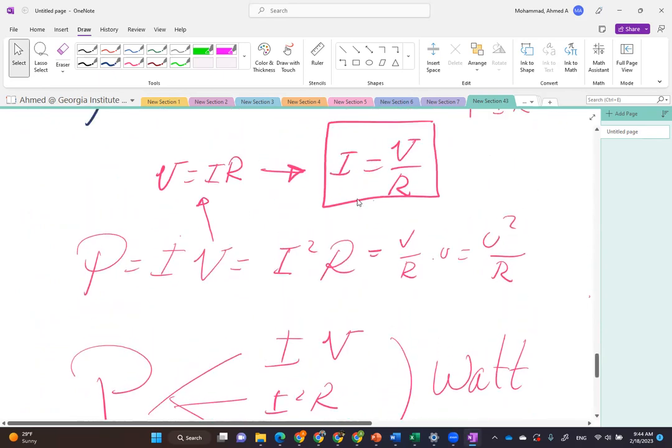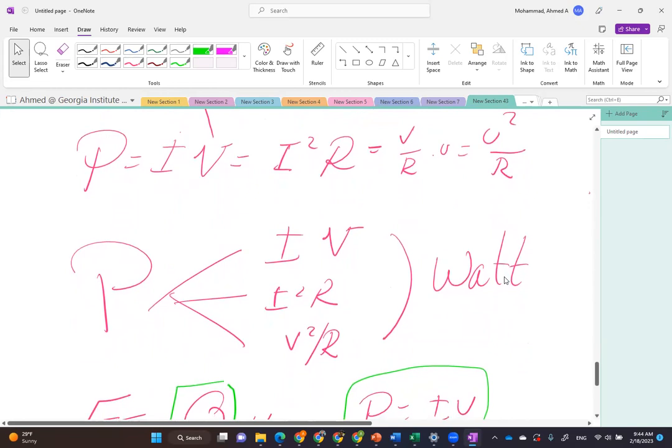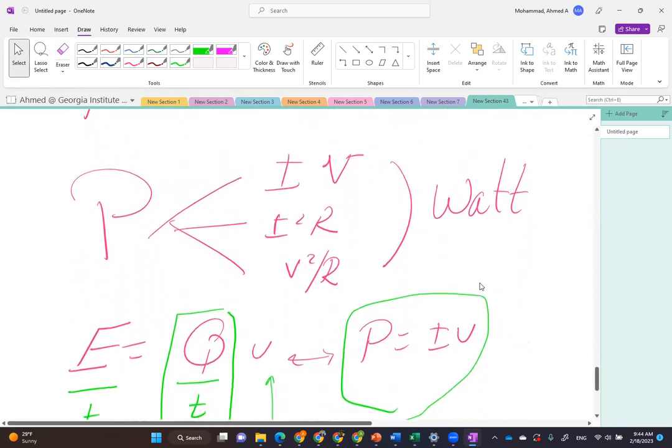Now I understand you didn't see the screen. So if I need the relationship between power and V and R, I take off I this time and put V over R. So it's V over R multiplied by V, which is V squared over R. So I have three different equations of power: either IV, the general one, or I squared R, or V squared over R. All are measured by what?